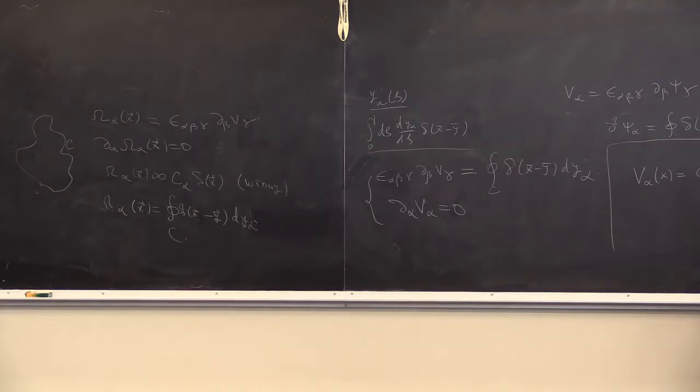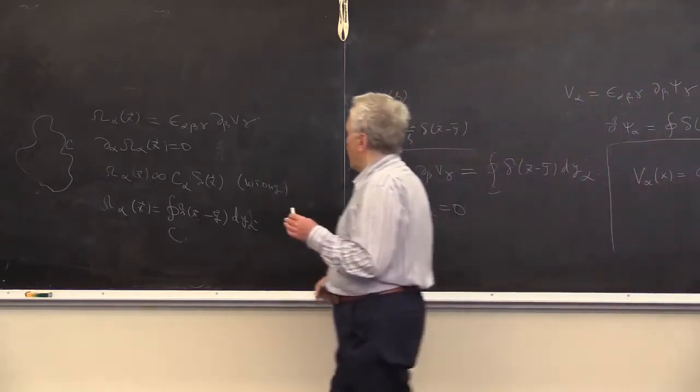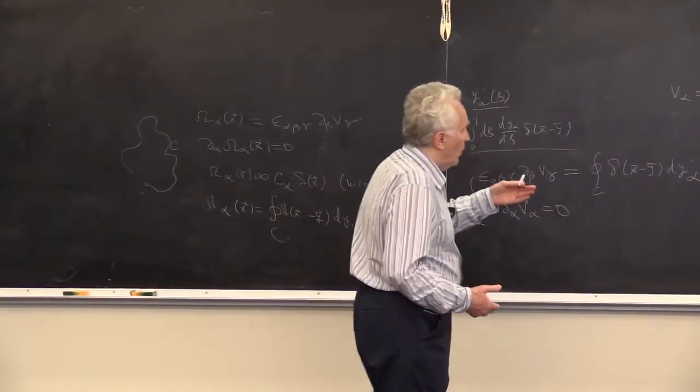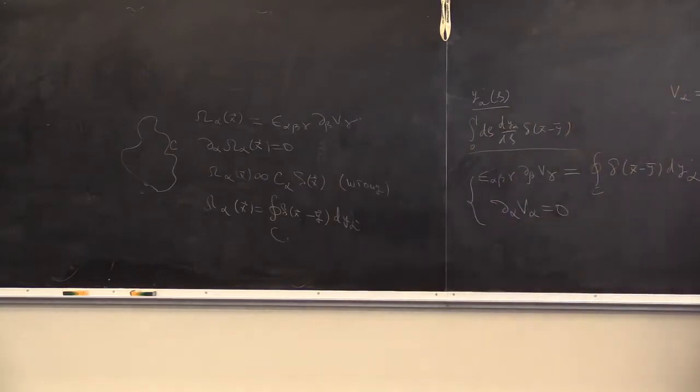Excuse me, it's gamma here. X minus y, and you integrate over c, and that's the equation which you get from here.